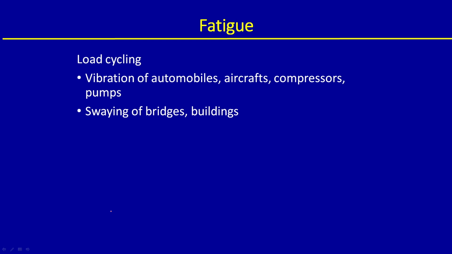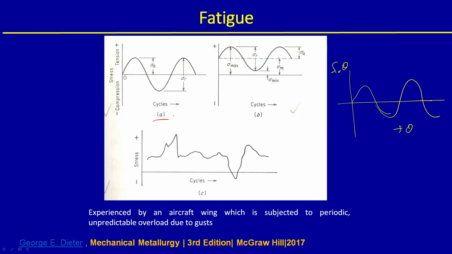In the first case A, you can see the loading is changing from tension to compression, and there is a sinusoidal nature of variation of the load. In the second case, it is only tension, but the nature of loading is sinusoidal. In reality, the variation of the stress as a function of cycles may be much more complex.